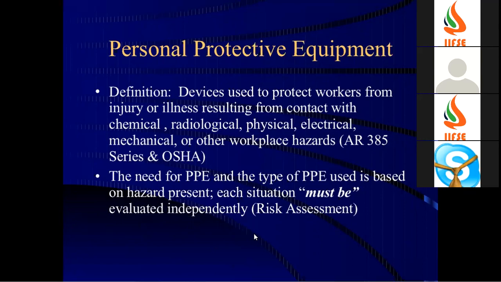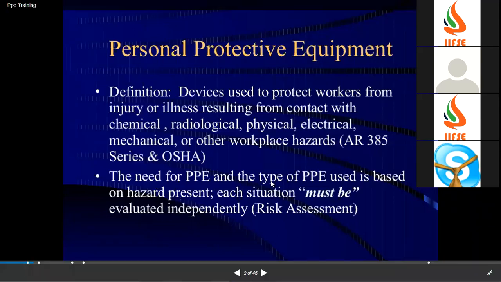Personal protective equipment is the last control measure. In the hierarchy of controls, first we go with engineering controls, then substitution, then isolation, then reduction, and then PPE.